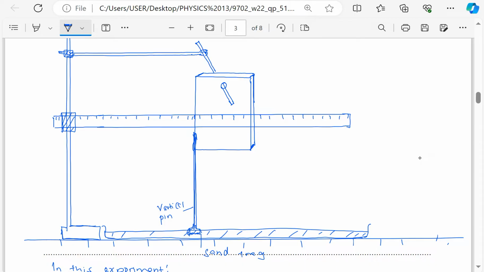Then I have to add a magnet. So I have to find ways of adding a magnet here. This is not very easy, but I have to do it.